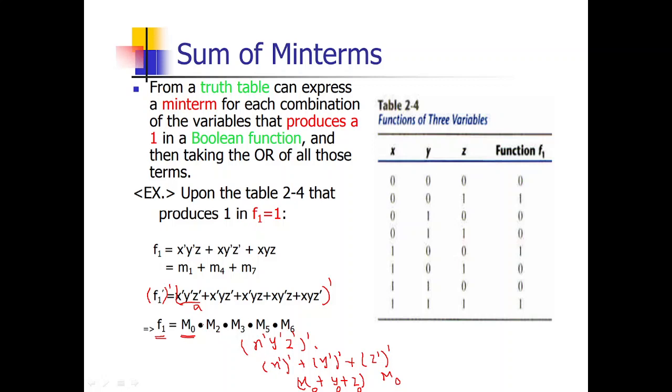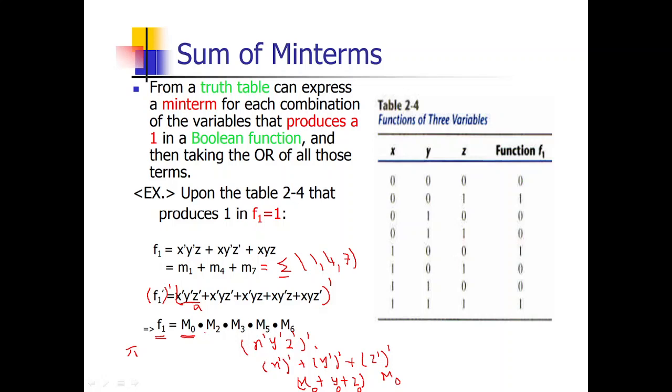Okay, so this is a product term. Dot represents an AND operation. Here the plus represents an OR operation. So simply, the sum of min terms we can represent as summation of 1, 4, 7. So this is the sum of min terms. What about this product of max terms? Because we have an OR operator here, it is represented as summation.